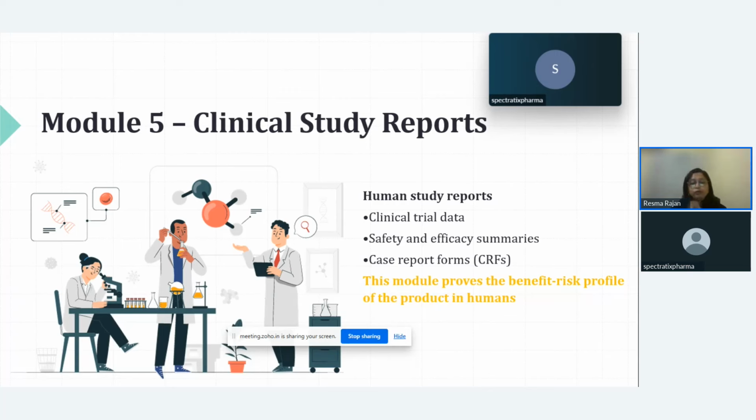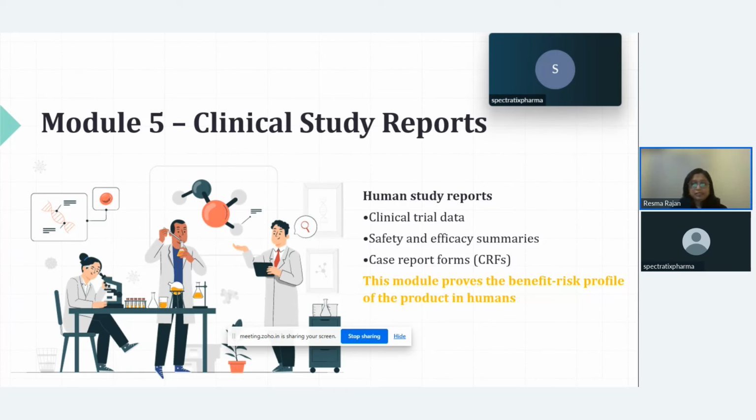So Module 5 proves the benefit-risk profile of the product in humans. For example, as I told you before, whenever you develop a product, it should have some benefit, and all drugs will have side effects. For example, for a cancer patient in the terminal or initial stage, curing the cancer or relief from the cancer is the benefit.